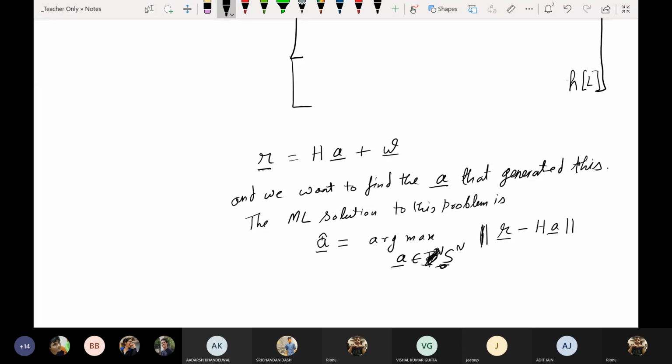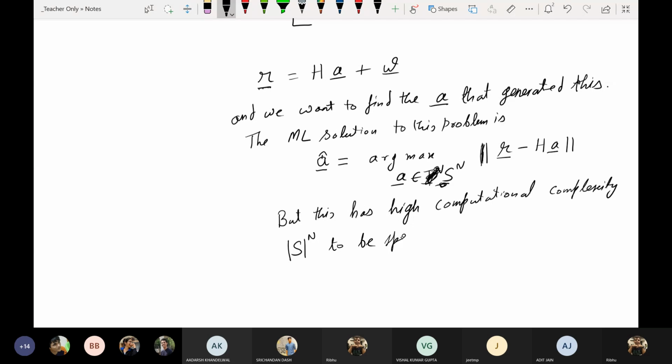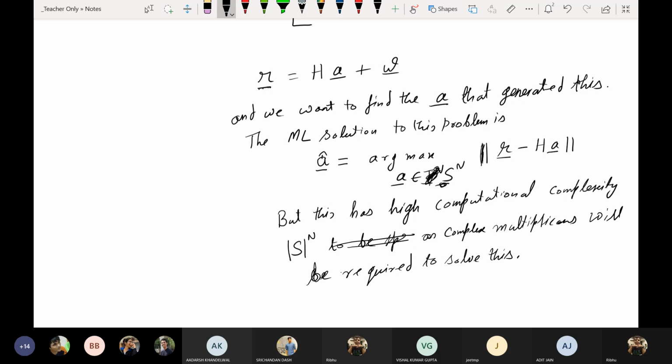But this has high complexity, S to the power n complex multiplications, right?